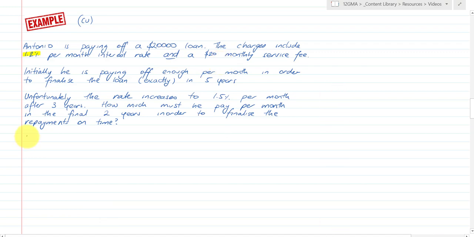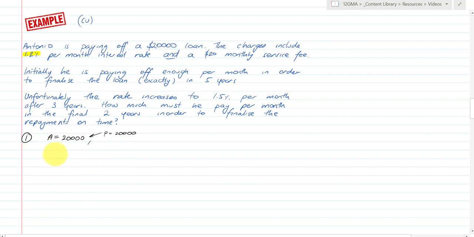So in the first instance, step 1, we know that he's paying off a $20,000 loan. And we really want A, the final value, to go to 0, which means that we want the present value to be $20,000.